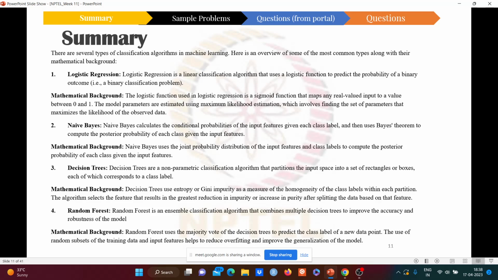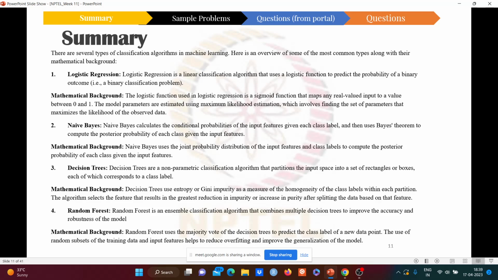So random forest is a collection of individual decision trees which are trained individually to improve the accuracy and robustness of the model. Understanding the mathematical principles behind these algorithms is essential for selecting the appropriate algorithm for a given problem and optimizing its performance.